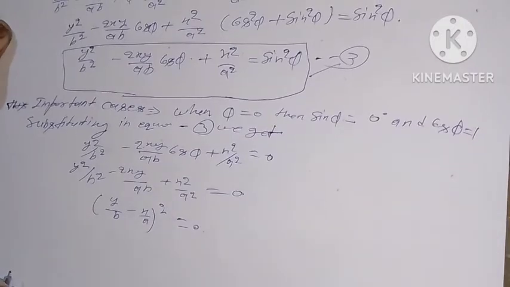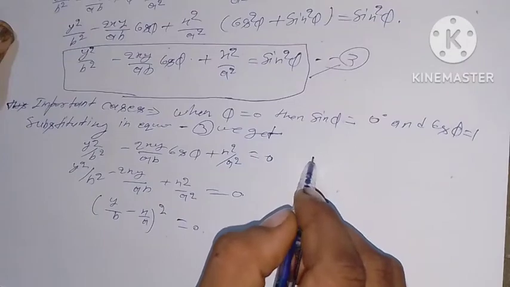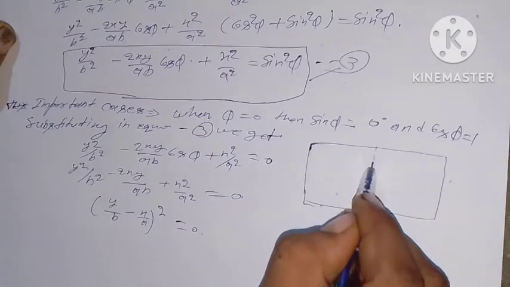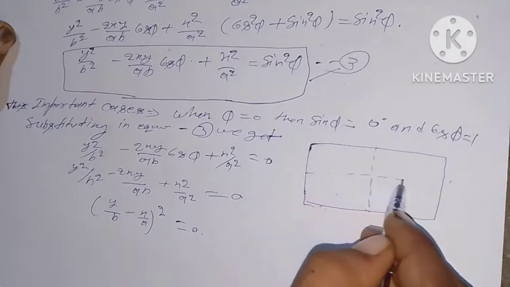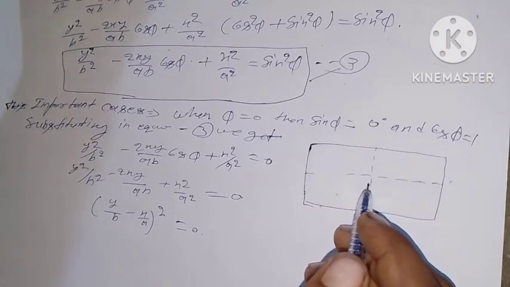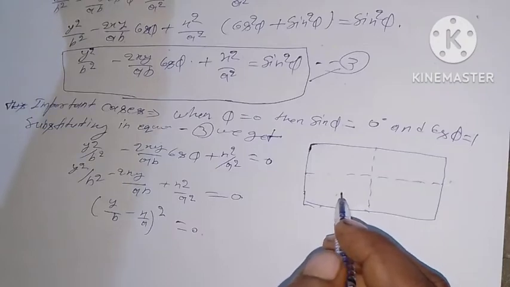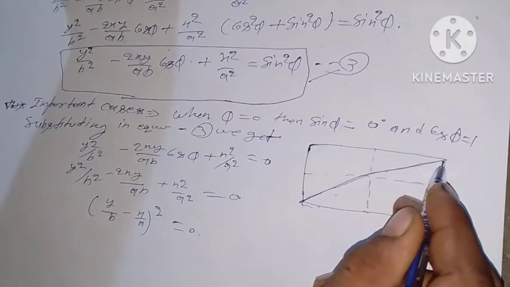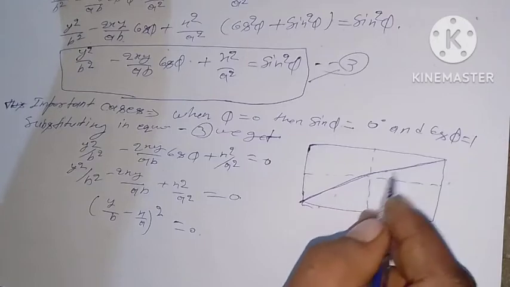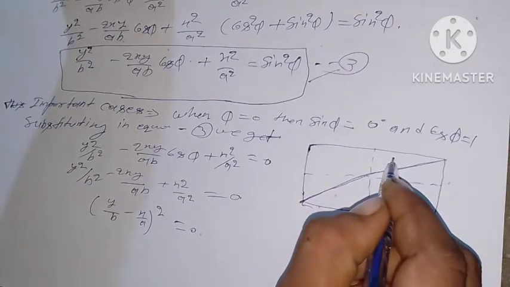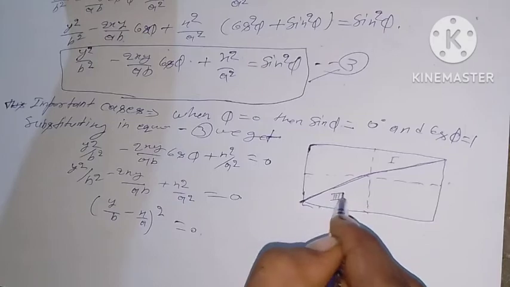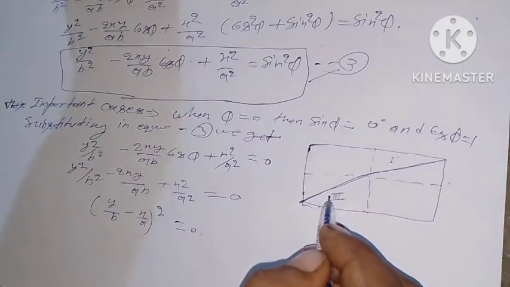Thus the resultant motion is a pair of coincident straight lines lying in the first and third quadrants of the rectangle, as shown in this figure.